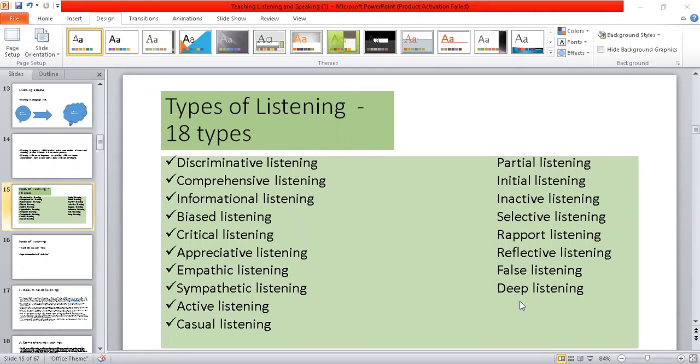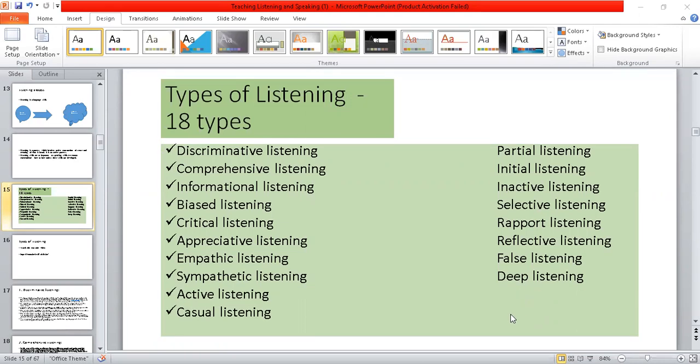Say you take partial listening as one, you put partial listening in one of the circles, and then you branch only the important parts of partial listening.